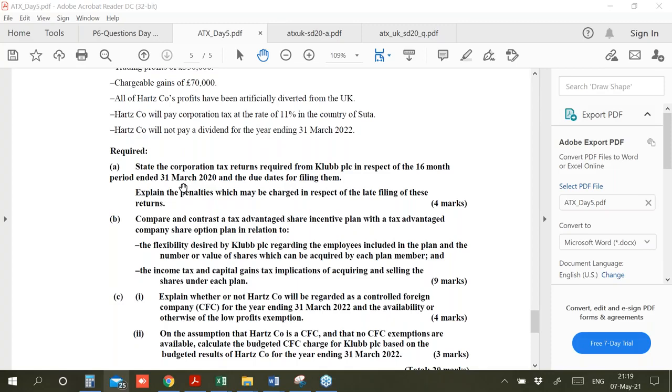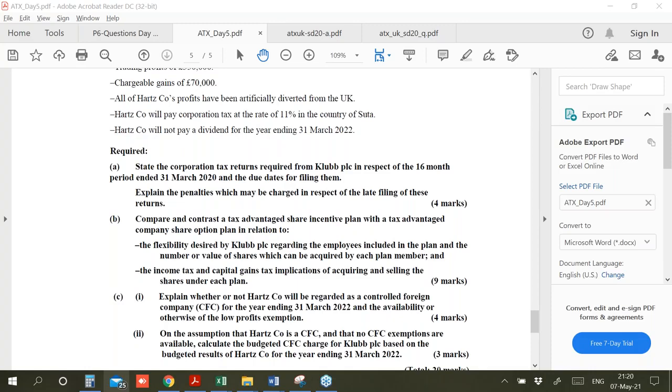Compare and contrast the tax advantaged share incentive plan with a tax advantaged company share option plan. So the share incentive plan, that is SIP, is an HMRC approved incentive plan, and one of the approved share option schemes is CSOP. We have to make the comparison on the basis of the flexibility desired by Club PLC.